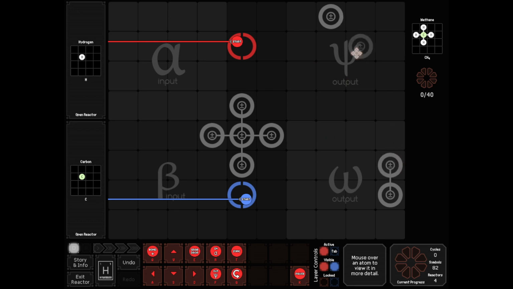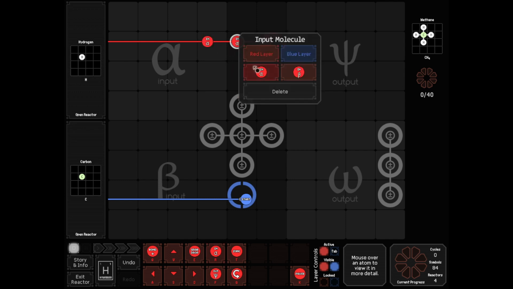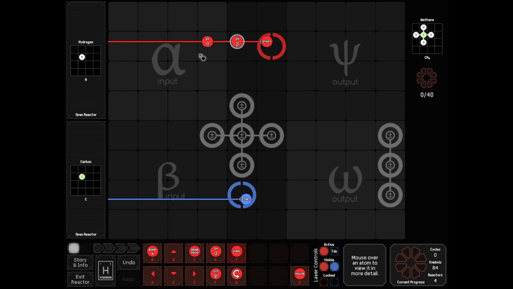Okay. So here, I don't know if I've ever actually done this particular trick, but it's something I just thought of, so let's do that. And then put a sink on it. That guarantees that blue won't go until we have both atoms. Do we want both atoms? I think that's fine.